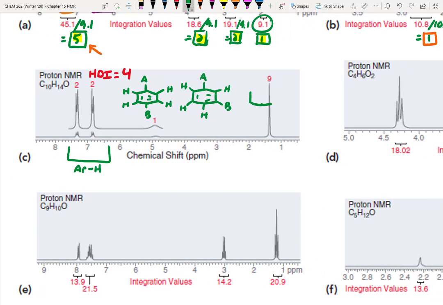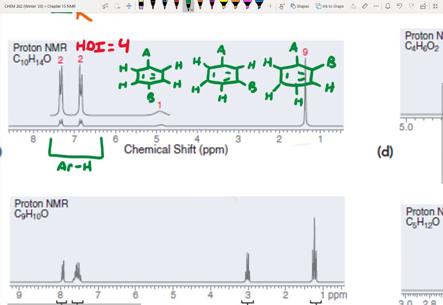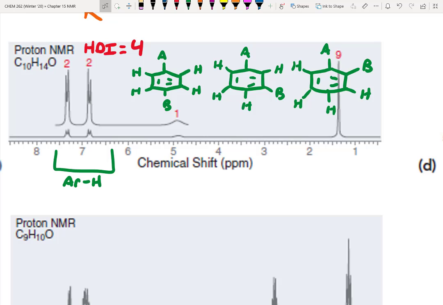I'm going to just draw over this because it's easier. Maybe it's this. All of these 3 options have 4 aromatic protons, right? So my question for you is, do you think option A, option B, or option C is the correct one based on what we're seeing in the NMR, and why?